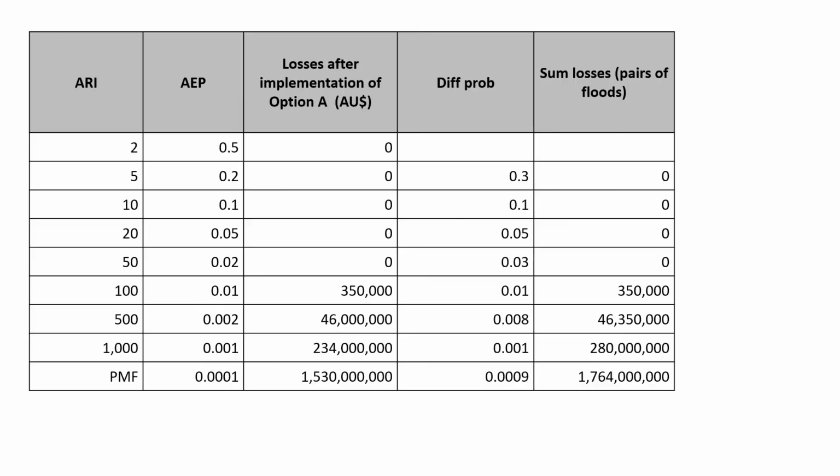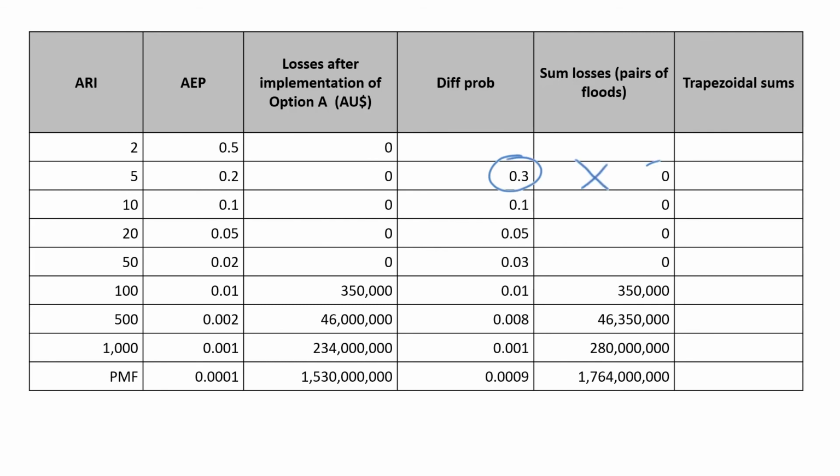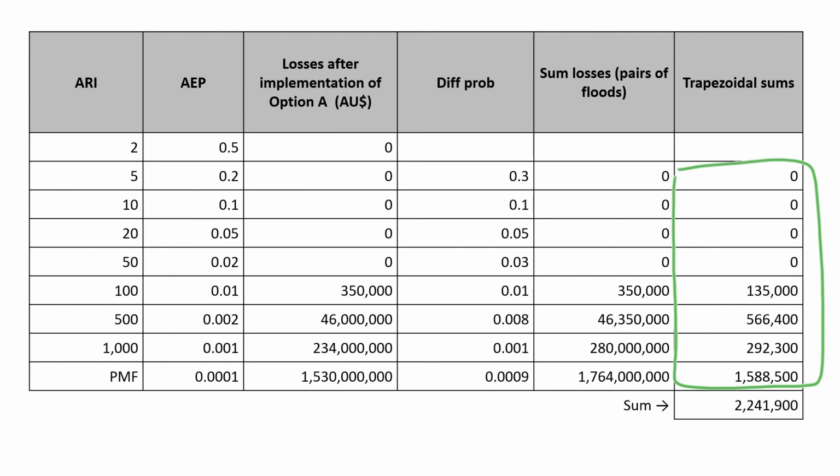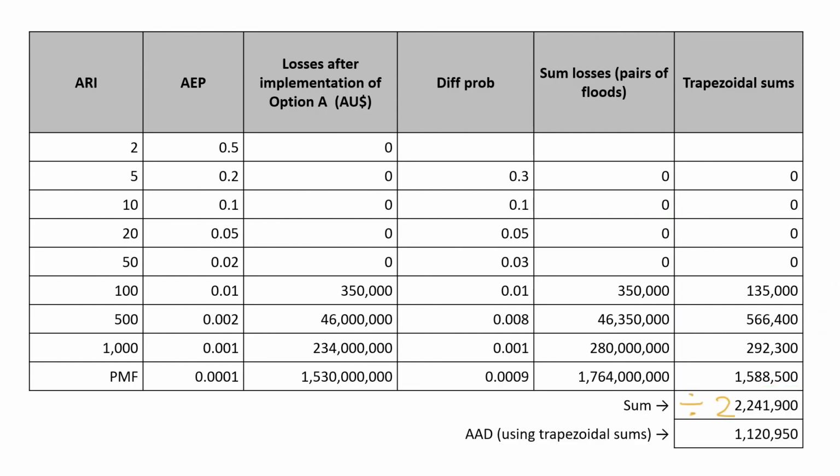Then we multiply the sum of losses for pairs of floods of different sizes by the difference in the probabilities for the same pair of floods. We do the sum of all that and divide it by half. And we get an approximate estimation of average annual damage using trapezoidal sums.